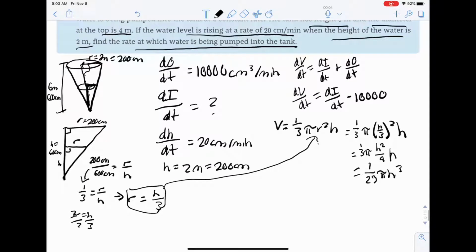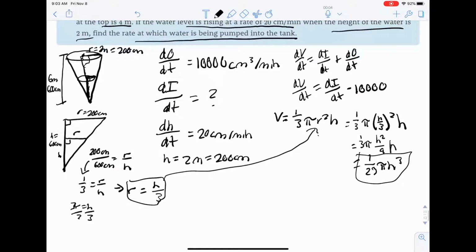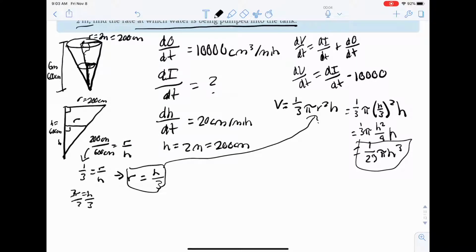And so now we can take the derivative of the volume. So we're going to implicitly differentiate right here. So dV over dt is equal to 1 over 9, and that's from taking 3, putting it over here. That's 3 over 27, which simplifies to 1 over 9, pi h squared dh dt.